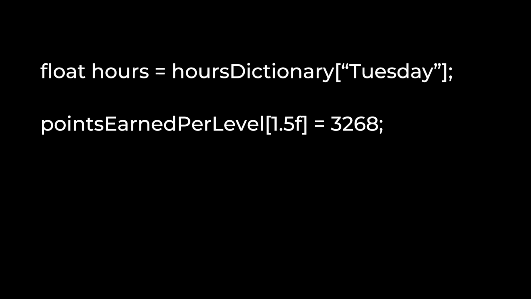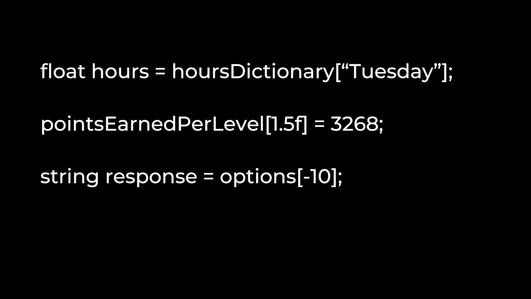The element stored under the 1.5 key is being assigned the value 3268. Then we've got this one. Here, options is a dictionary of strings stored via integer key. We are assigning the string value stored under the key -10 to the response variable.